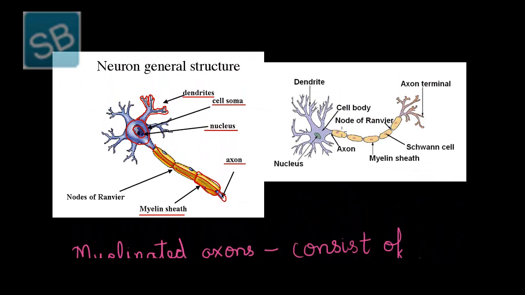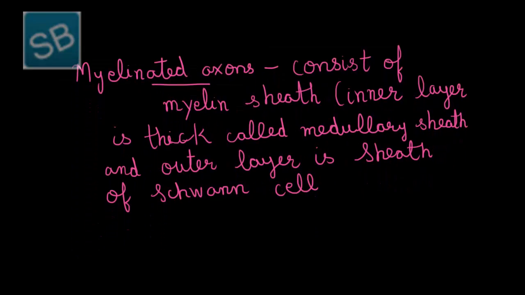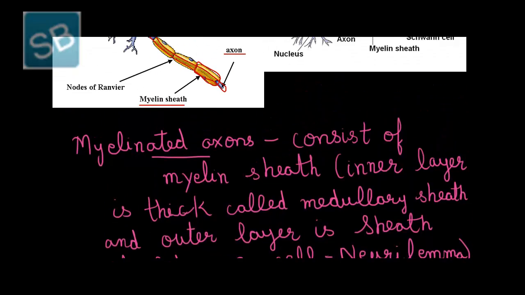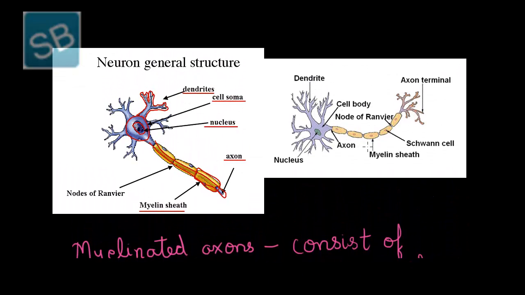As can be seen from the figure, this axon possesses a myelin sheath containing Schwann cells. This outer layer of Schwann cells is also known as neurilemma. The myelin present in this sheath acts as an insulating cover. Now, in the fibers of peripheral nerves, this myelin sheath is absent at a few points. Such points are known as nodes of Ranvier.